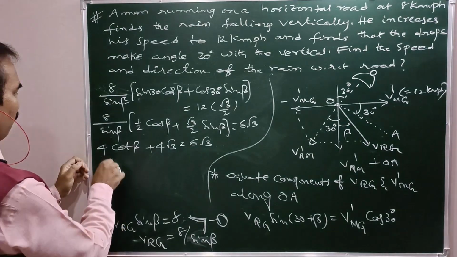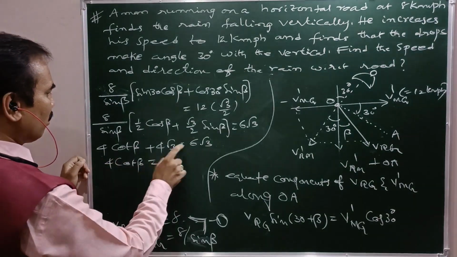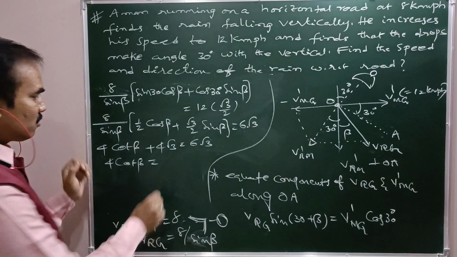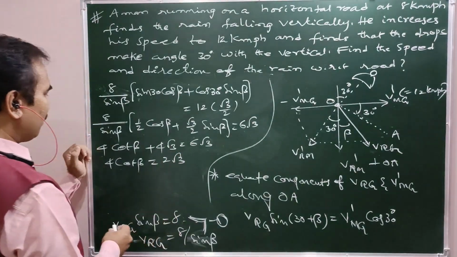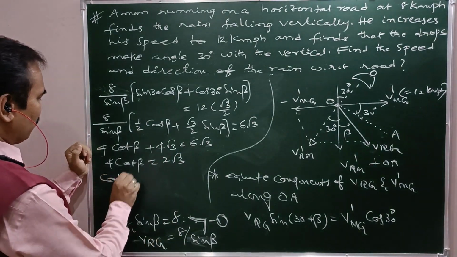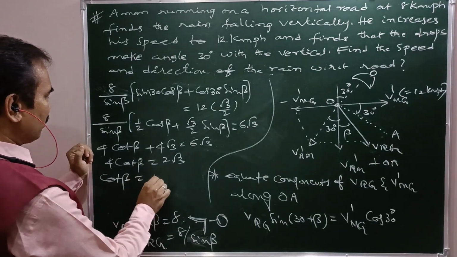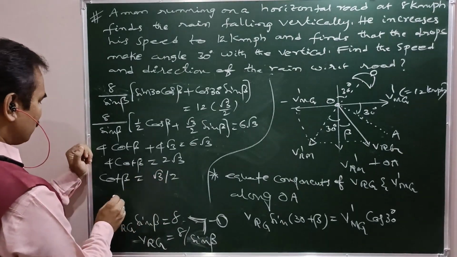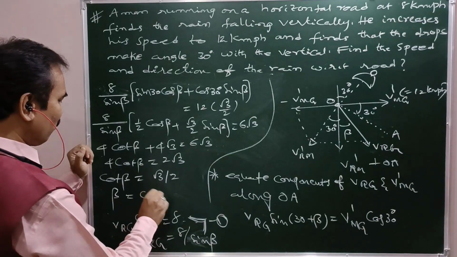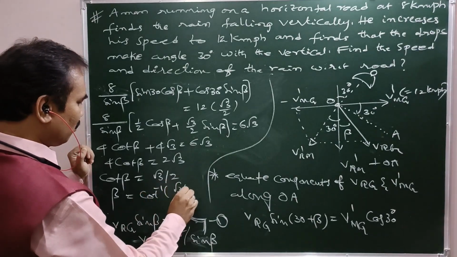Right? So 4 cot beta equal to 6 root 3 minus 4 root 3, that is 2 root 3. That is cot beta equal to root 3 by 2. Means beta equal to cot inverse root 3 by 2.